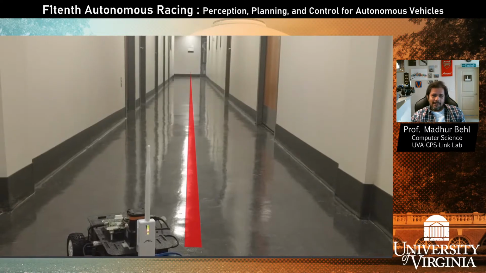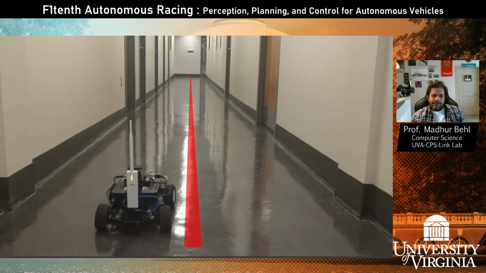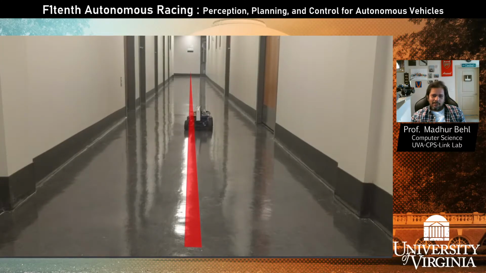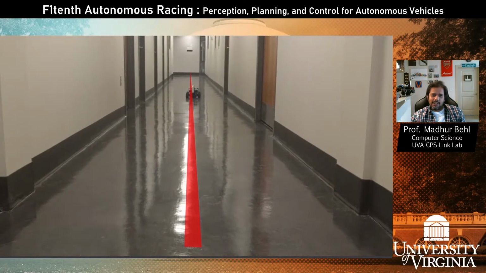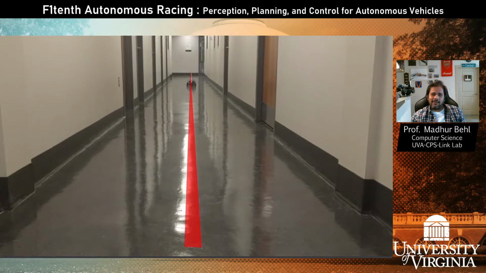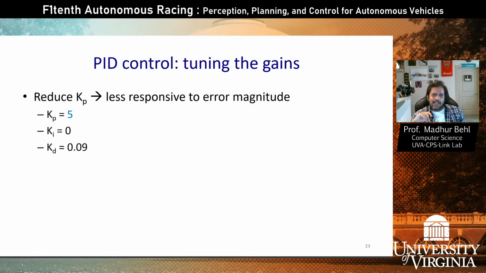So let me play this, and you can see how the car almost instantaneously converges to the center of the hallway. And there's a warp in the video because it's being filmed using a handheld camera. So this is when your gains are well tuned. This is the kind of behavior you expect to see in a straight hallway. Now, when the gains are not well tuned, for the sake of example, we reduce the proportionality gain.